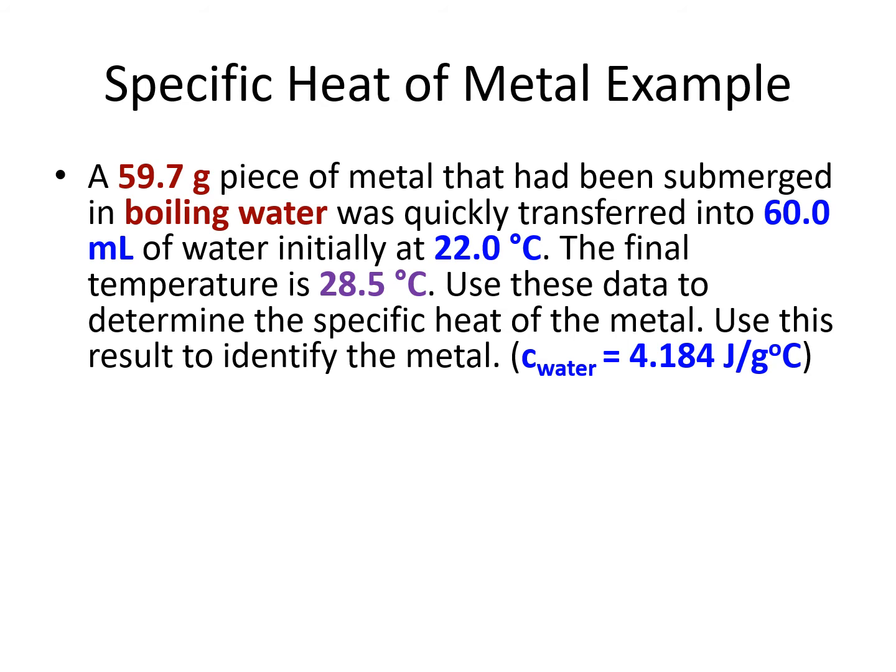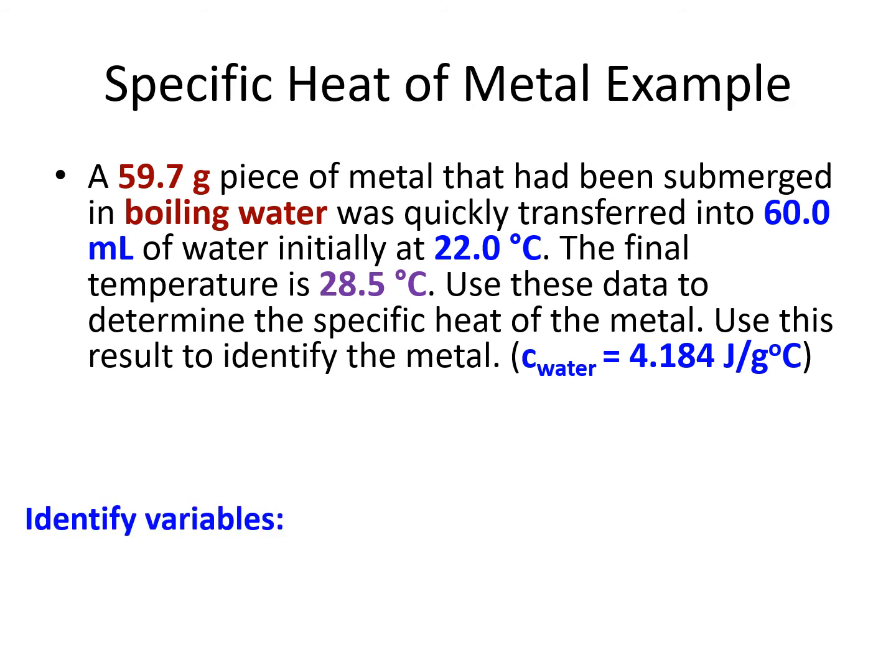The final temperature of both the water and the metal, remember they come to an equilibrium temperature, is going to be 28.5 degrees Celsius. We're also given the specific heat of water in the problem. You do not need to memorize that. What we're trying to find is the specific heat of the metal. And based on that specific heat, we can look up the value in a table and make a guess about the identity of the metal.